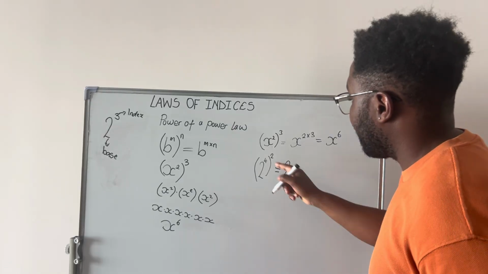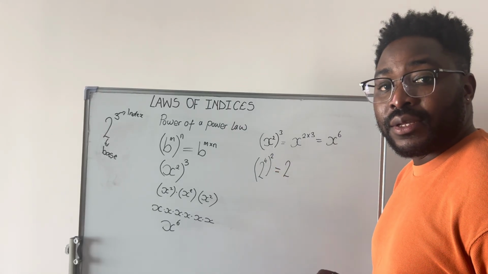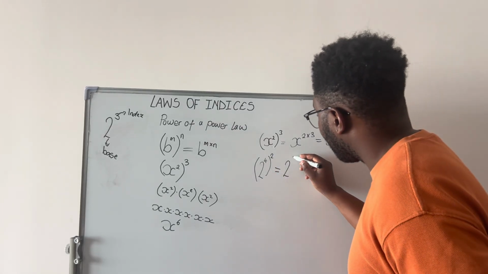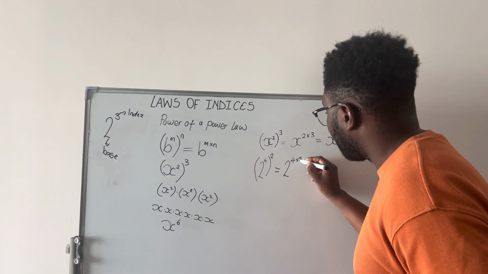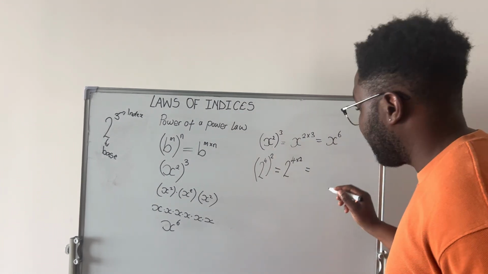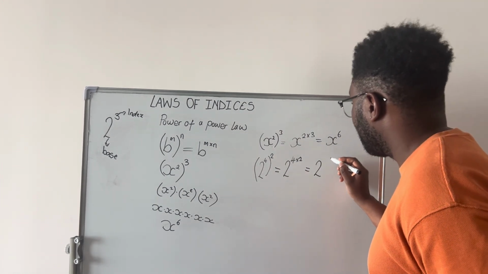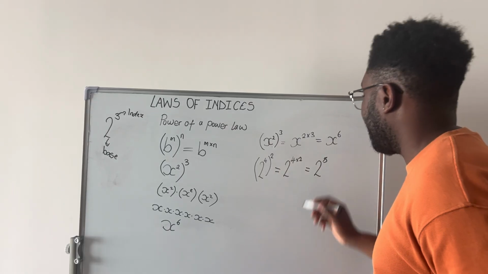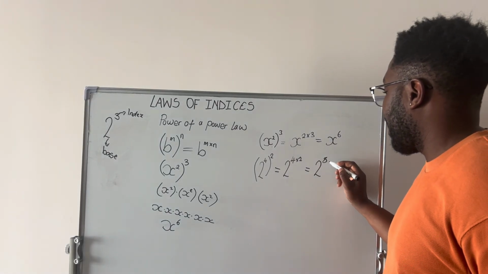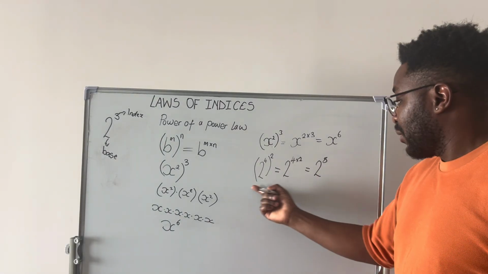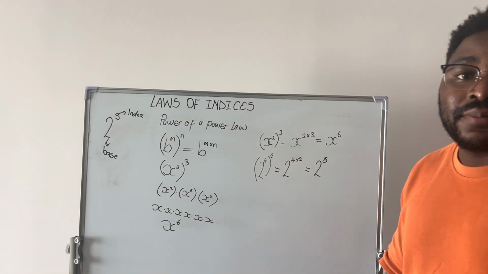So we just have to multiply the indices. That would be 4 multiplied by 2, which gives us 2 to the power 8. So if we're asked to simplify, this is how we solve it.